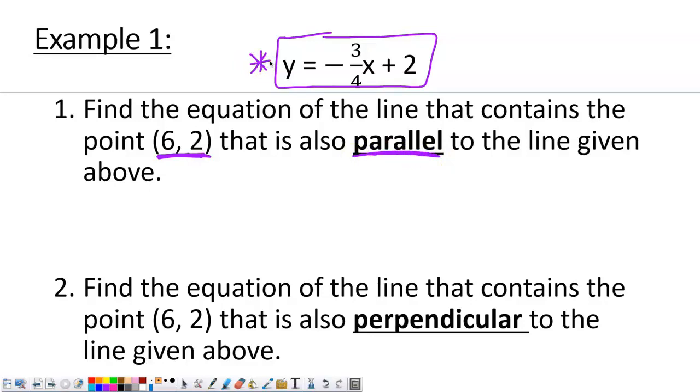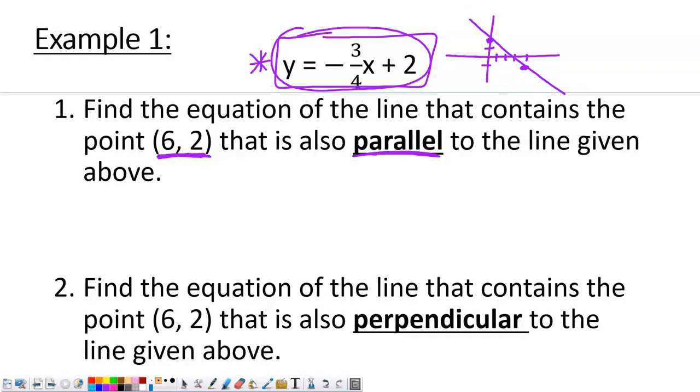Now, you do not have to draw a picture for this, but I'm going to draw a picture just so you guys understand what we're doing. I'm going to start by graphing the equation they gave us. It's got a y-intercept of 2 and a slope of negative 3/4. And so that would look something like this. Okay?